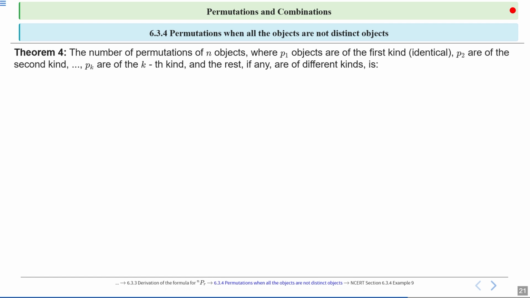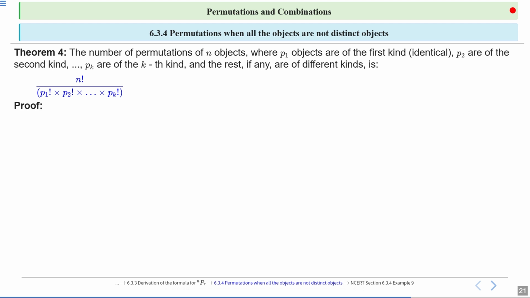Theorem 4 states that the number of permutations of n objects where p1 objects are of the first kind, meaning p1 objects are identical, p2 are of the second kind, and pk are of the kth kind, and the rest, if any, are of different kinds, is n factorial upon p1 factorial into p2 factorial into pk factorial.